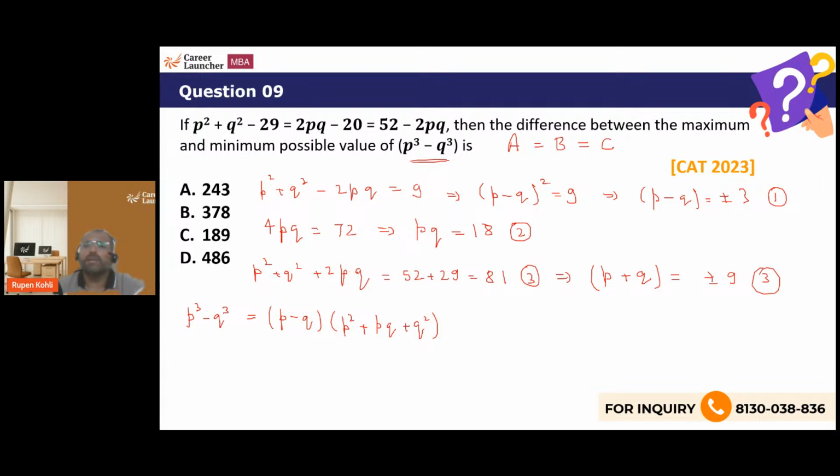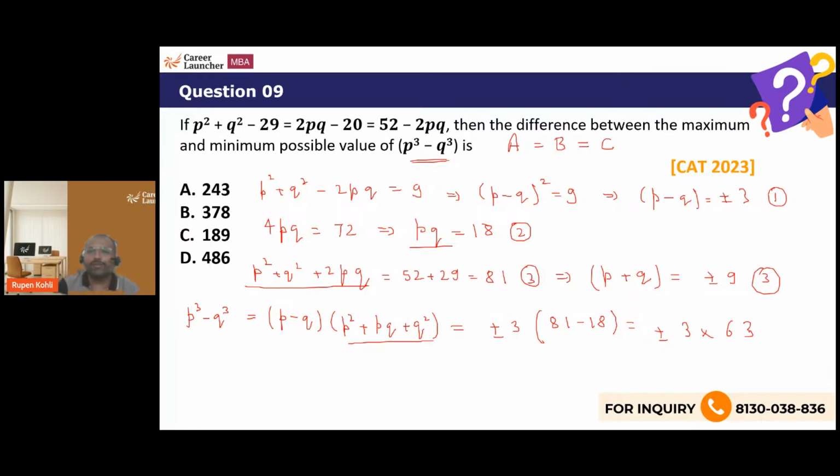Or in other words, subtracting the third equation and the second equation in its initial form will give us the value of this expression. So P minus Q can be substituted as plus minus 3, and this expression is this expression minus this expression. So this gives me 81 minus 18, which is 63. This is plus minus 3 times 63.